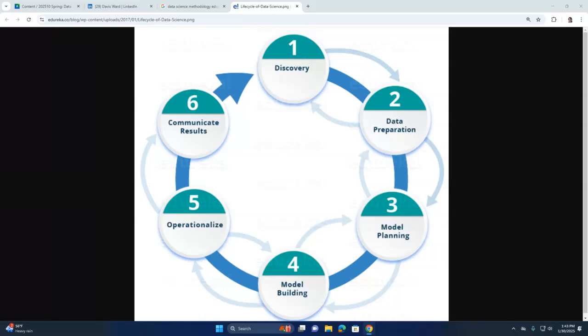As we talk about the discovery phase, you definitely want to pick something that you feel is beneficial. It's going to maybe build on your skill set. It's an area you'd like to get into. Maybe you're interested in getting into imaging informatics, which is a big thing in the medical area.